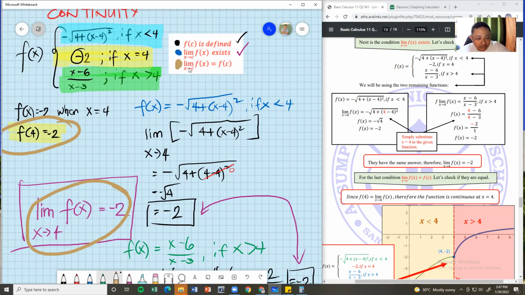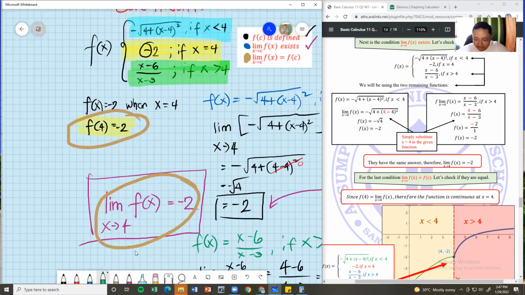Ayan. So therefore, going into this part, for the third condition, the limit of the functions should be equal with the f of c, the value of the f of c. So this is f of c. It's -2, and this is the value of the limit.